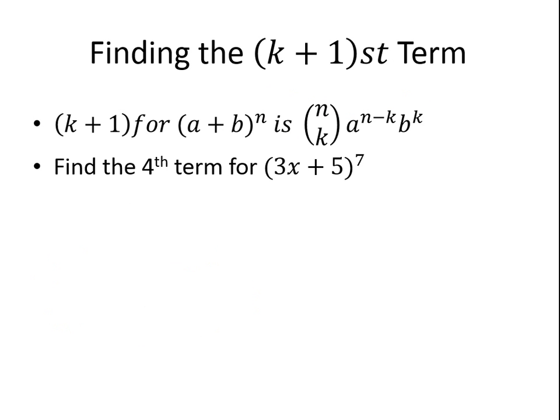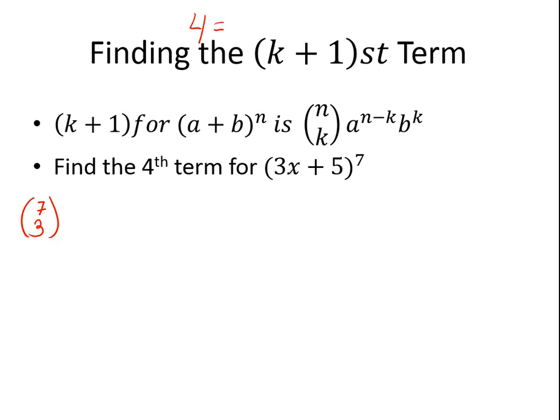So if we want to find the k plus 1 term, let's say the fourth term of this one, of 3x plus 5 to the 7th power, we'd end up taking 7c3, okay, and it's because we plug this right here.